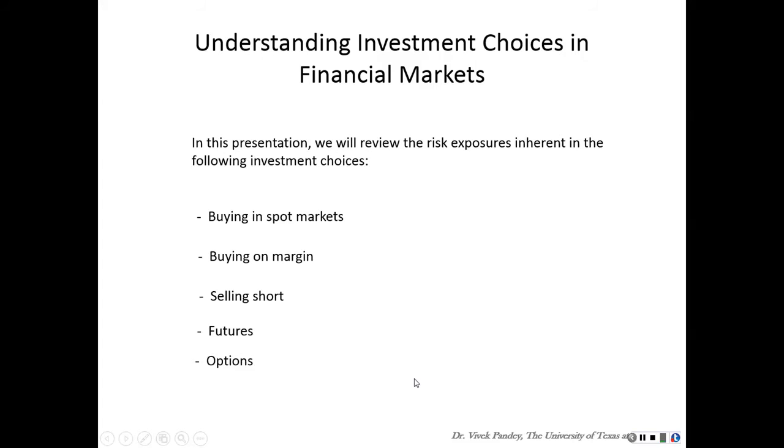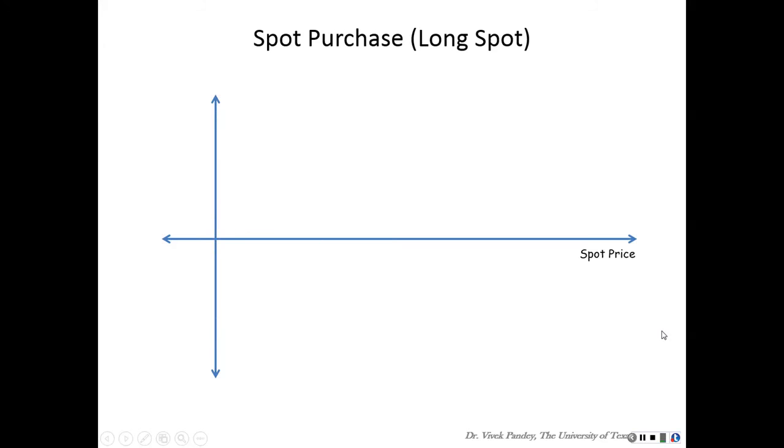So let's look at the simplest one first. If we look at the spot purchase, what we're going to do is a profit loss diagram of any profits and losses from a change in price. So we go from $0 to whatever the current price is. Of course, the price of anything we buy will change over time.